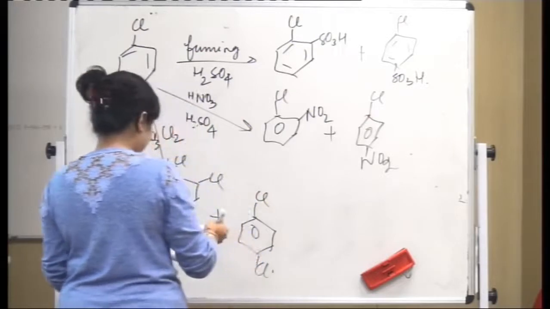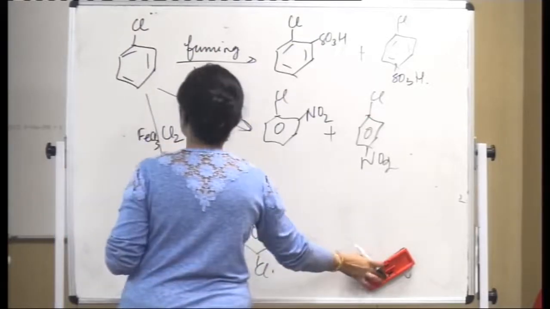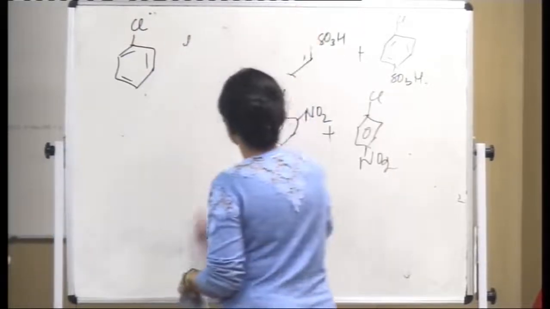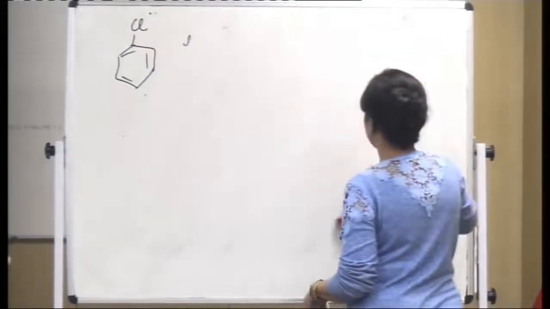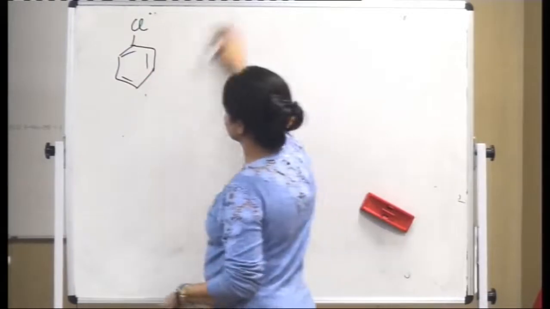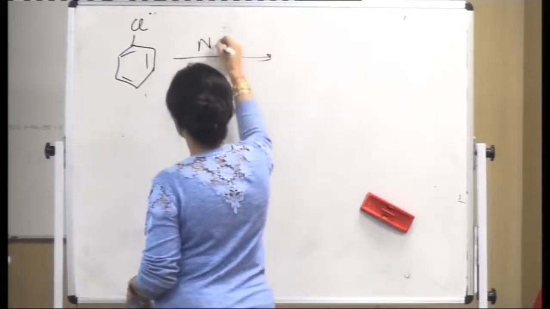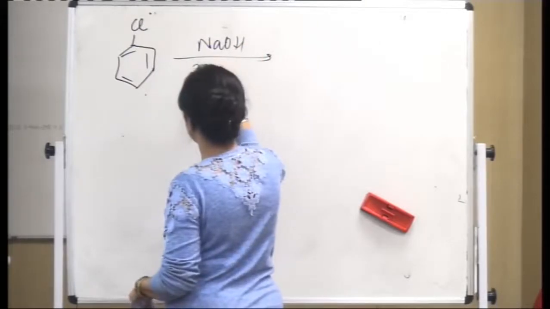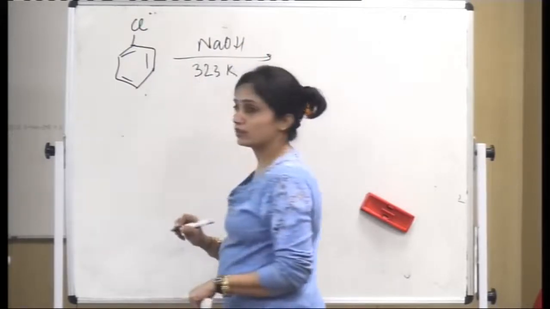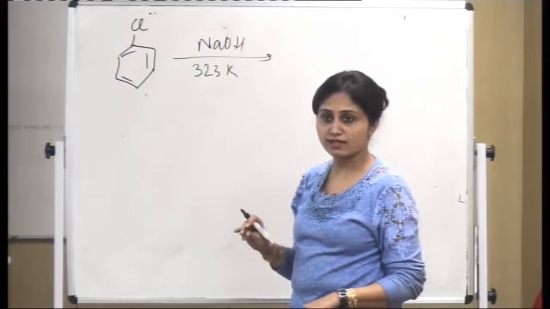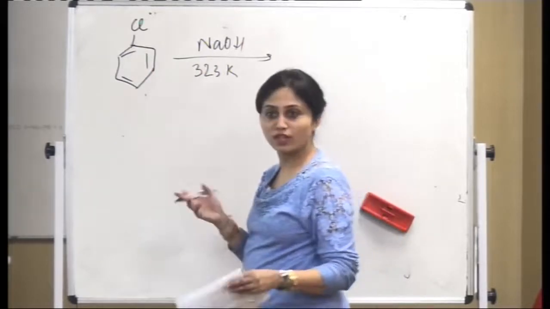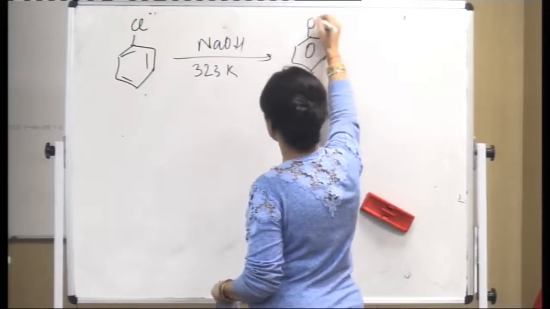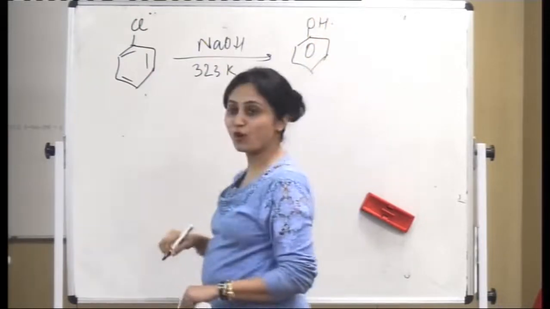Okay, another reaction is that from Cl, you can prepare alcohol by adding NaOH at 623 Kelvin. This is known as the Dow's process. So here in this case you have OH getting formed.